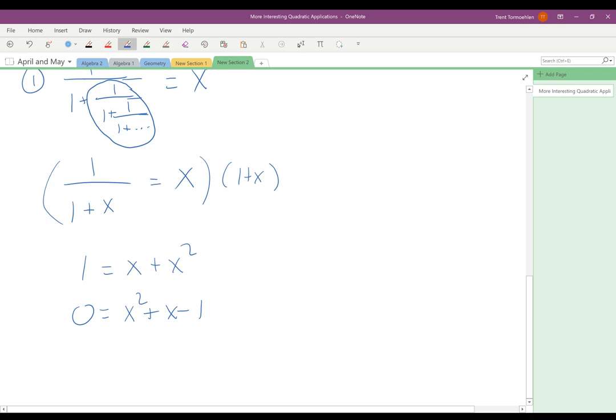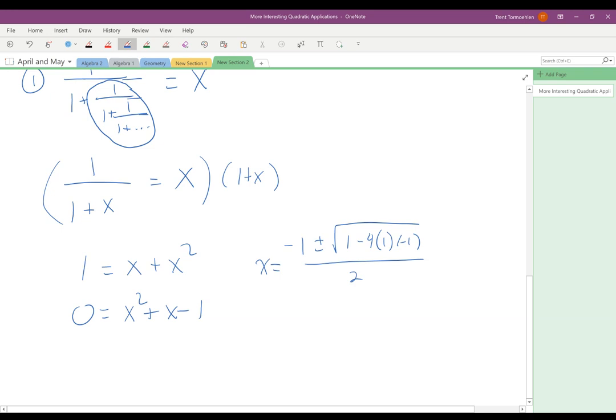And so when you solve this using the quadratic formula, you'd get x equals negative b, and so negative 1, plus or minus the square root of b squared, which is 1, minus 4 times 1 for a times negative 1, all over 2.